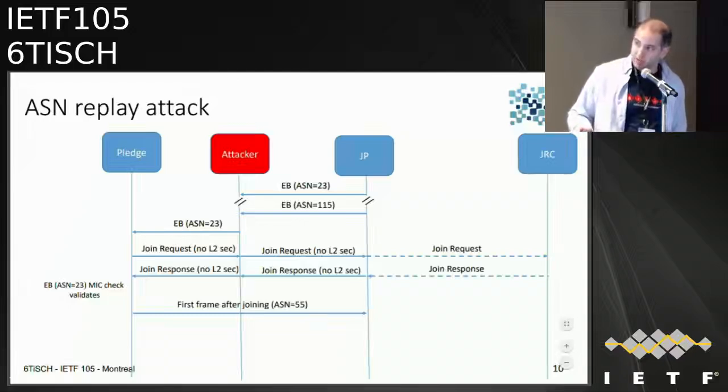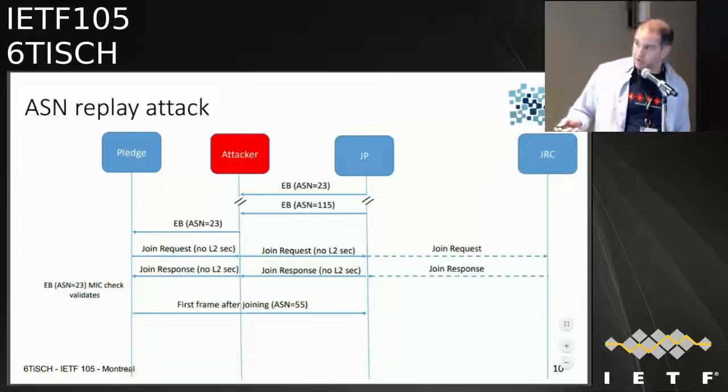Now the pledge, without being able to validate the content in the enhanced beacon, takes this notion of ASN and sends the join request at the corresponding slots, and the attacker forwards this onwards through the legitimate network to the JRC. The JRC sees this as a fresh join request from a legitimate pledge that has the keys involved, so everything is fine.